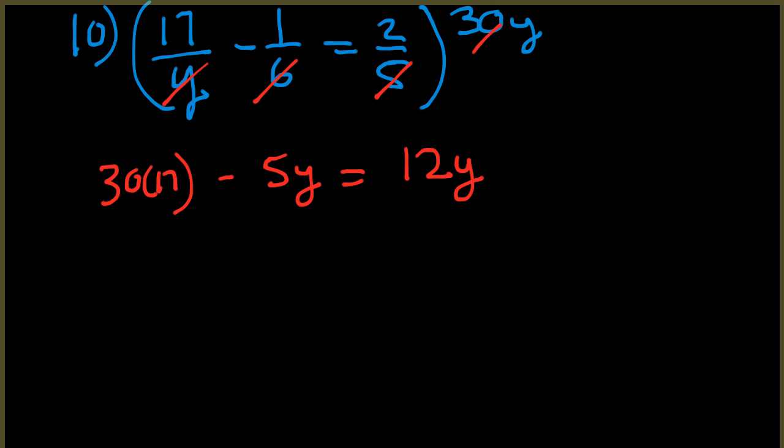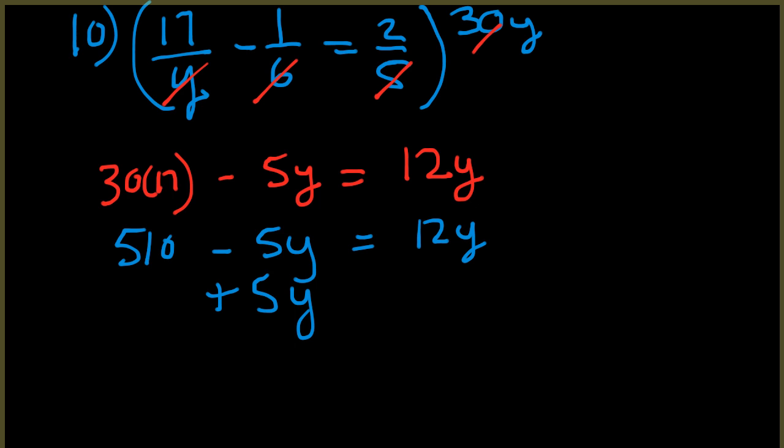Okay? Now, when I multiply that out, I get 510. Just switch colors on you. Back to the blue, I get 510 minus 5y equals 12y.